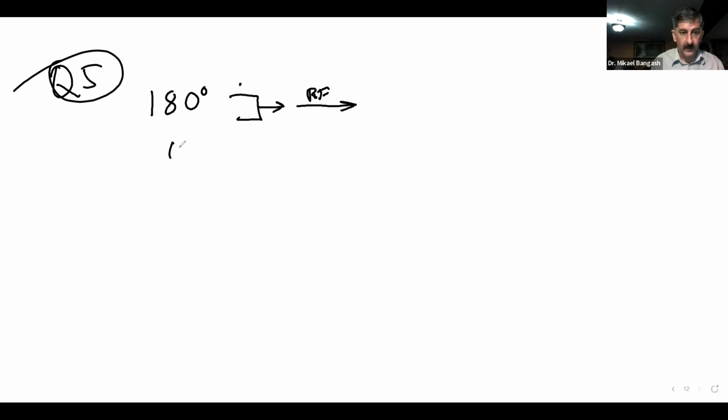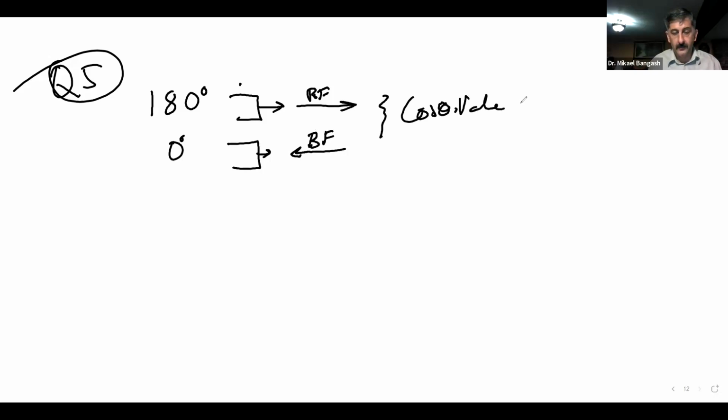Where you say 0 degrees, for instance, if you're scanning from here, but the blood flow is in this direction. Both these angles had a cosine theta value of 1.